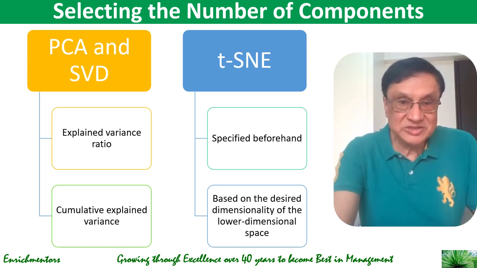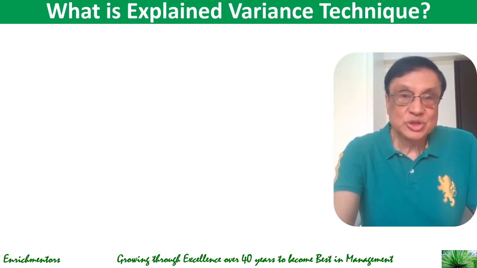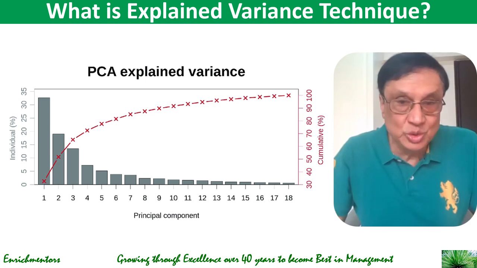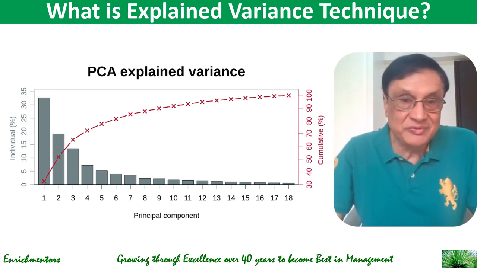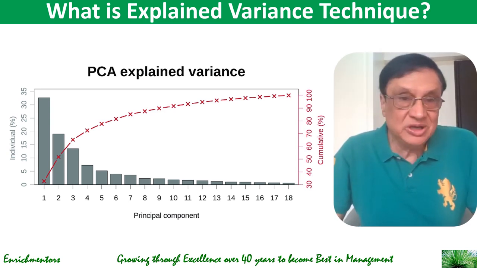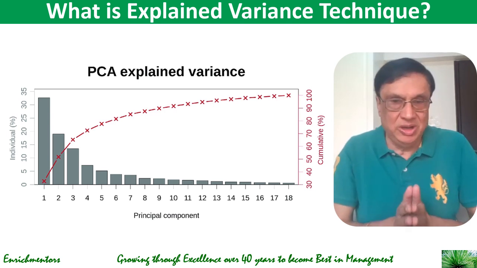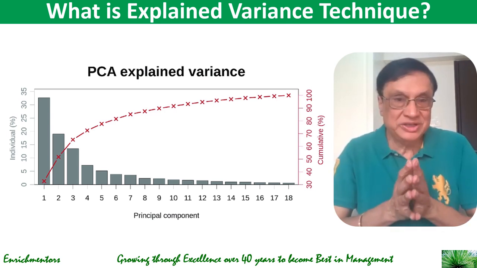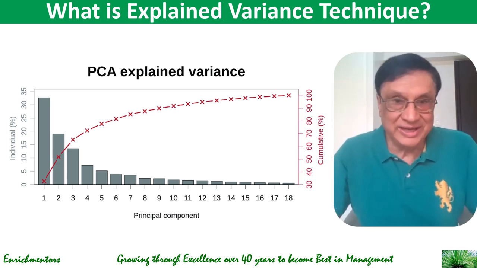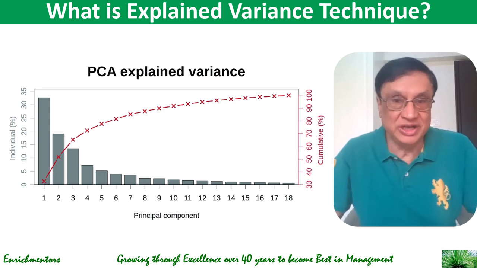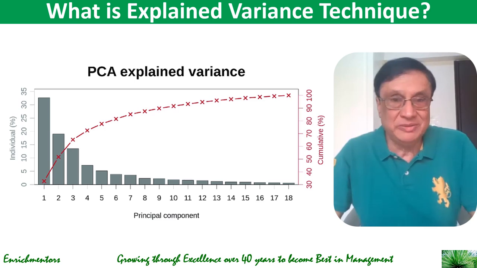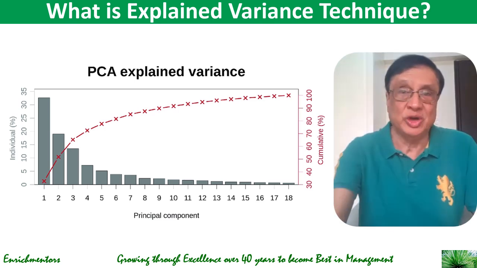Now, what is this explained variance? Let's quickly capture it. In the PCA explained variance technique, you run the program for different numbers of components, and each number of components gives you a certain level of explanation of the data, individually for each component and cumulatively. You can map this and select the right number based on the percentage of explanation that you want.